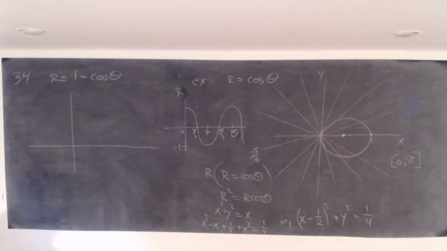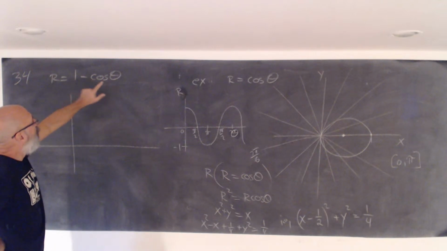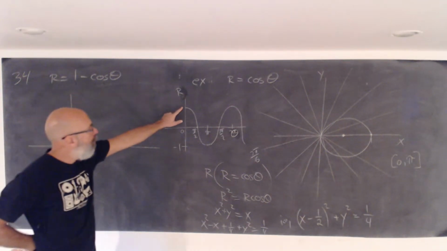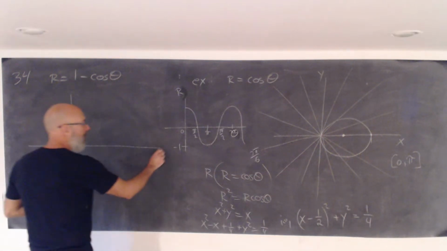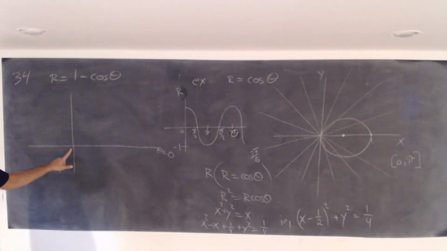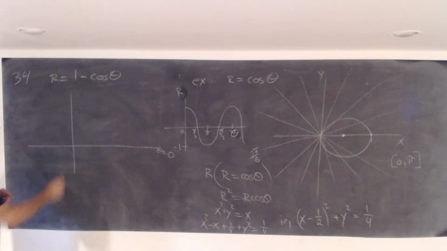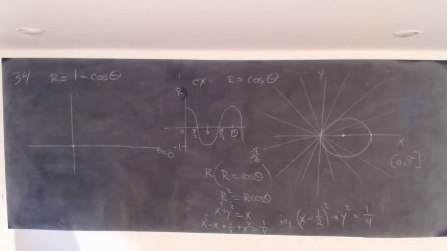It's very good. And what is happening? When theta is 0, cosine is 1. So when theta is 0, you're starting at r equal to 0. In other words, you're not moving away from the origin, you're at the origin.